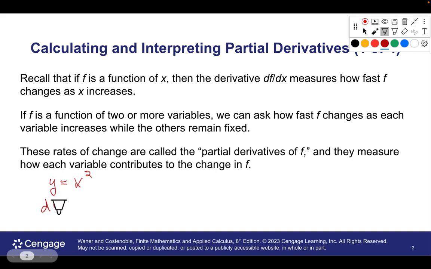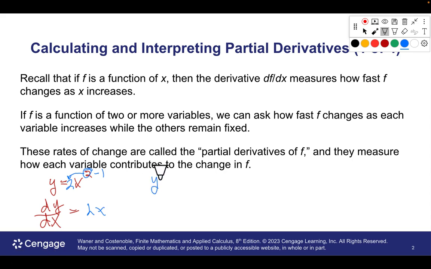I can list that as dy/dx. What do I get? 2x. So the exponent comes down, just remember the process. It comes down in front, becomes a 2, and then we subtract 1 from the exponent. That's one method we're going to use. So the derivative is 2x to the first power. Okay, that's a simple one.